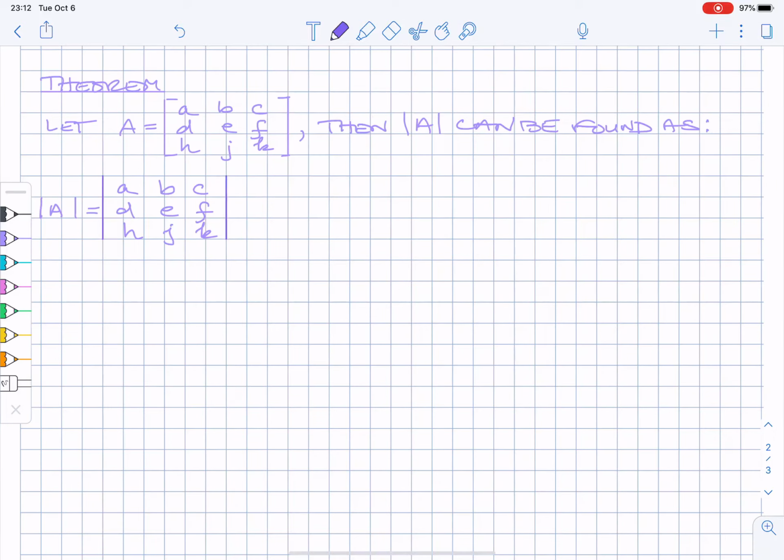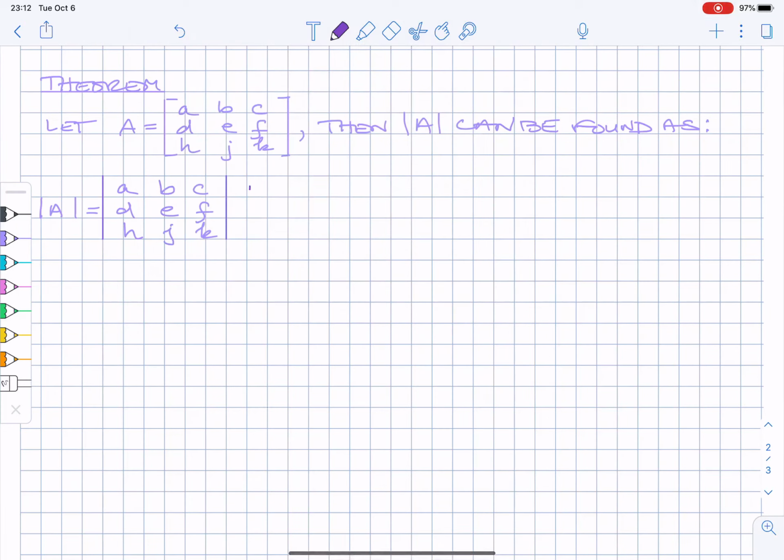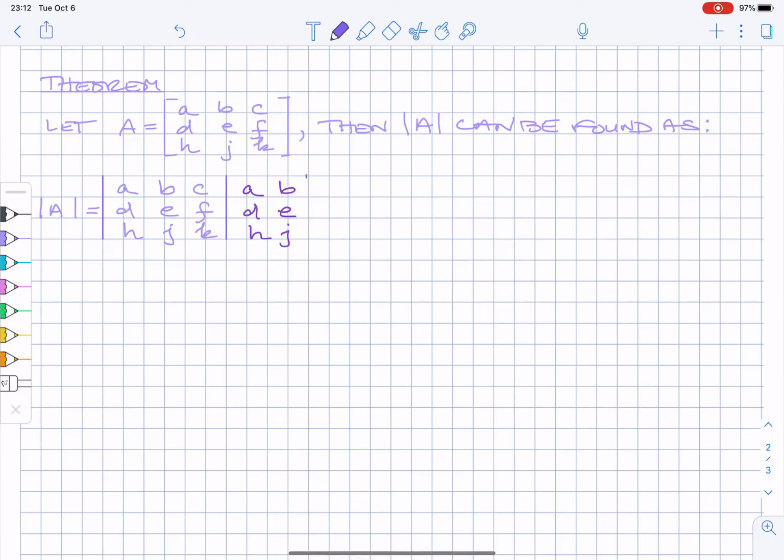And on the right of the augment, we're going to repeat the first two columns. So we're going to have A, B, D, E, H, J. Not the third column, just the first two columns.